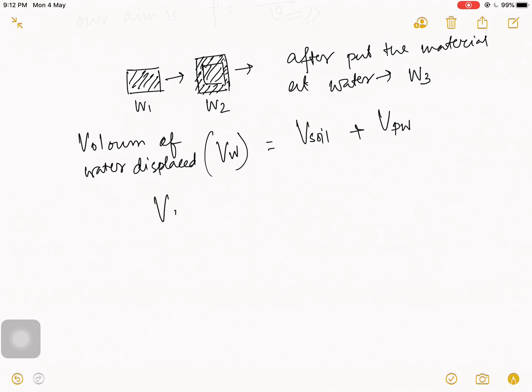So what is the volume of soil? The volume of soil is equal to the volume of water minus the volume of paraffin wax. Yes or no? Right?